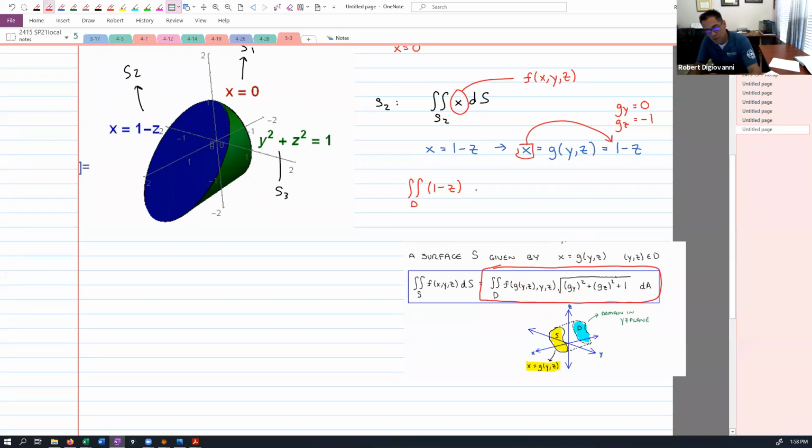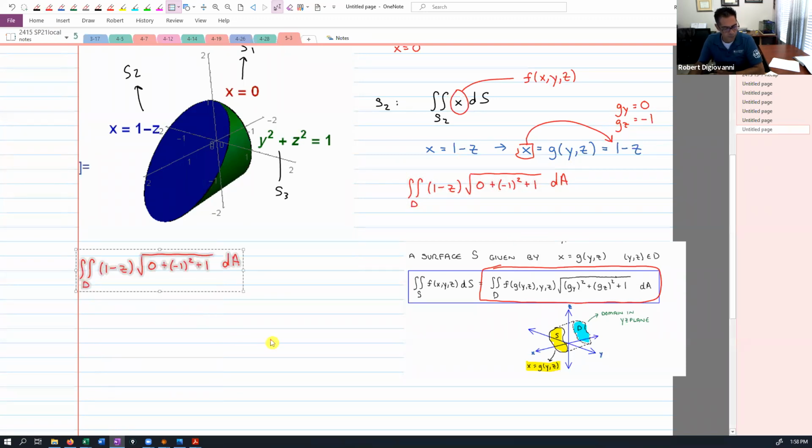And then we need the square root of the partial of g with respect to y, which was 0, plus -1 squared, plus 1, dA. So this should give me the double integral over d.